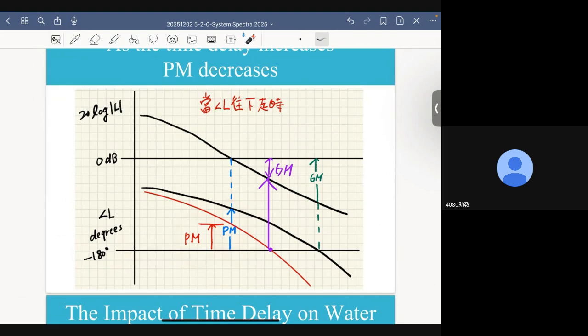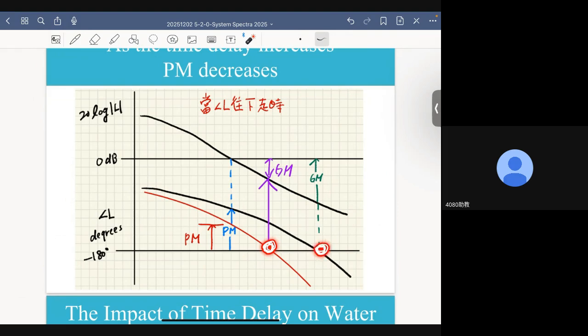Therefore, the phase margin changes from this to this, which means the phase margin is considerably smaller than its original value. And the impact is not just limited to the phase margin. Such a negative impact would also appear in the gain margin, because now my phase response decreases faster than what it was, all right? So it will reach minus 180 degrees faster, which means its phase crossover frequency is lower than what it was.